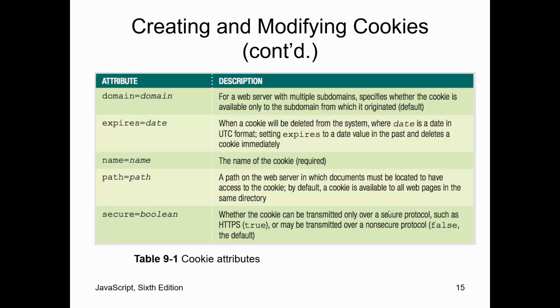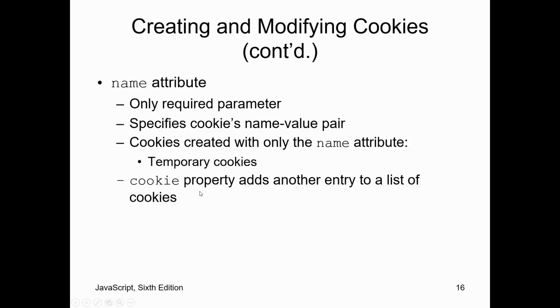The path, as it says, is the path on the web server in which the cookie must be located to have access. By default, it's available to all web pages in the same directory. And then there's security, which says, if it's set to true, that means I want an HTTPS, which is a hypertext transfer protocol with a secure socket layer or transport layer security type of connection, as opposed to HTTP, which is the default.